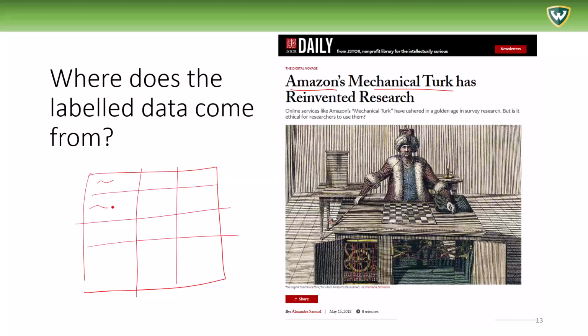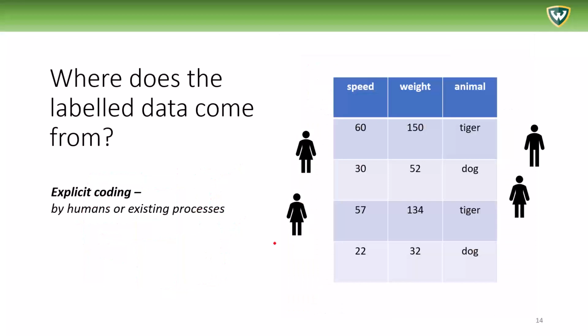So we will provide a data set to people, and they may be Americans, or they may be in other countries, in developing countries where the currency exchange is much lower, so they can get paid much lower compared to the dollar. Then we'll give them all this data set, and they just mark, oh yeah, this is like that, and so on. So a lot of work actually does come from Mechanical Turk or applications like that, but essentially we need humans to actually label the data.